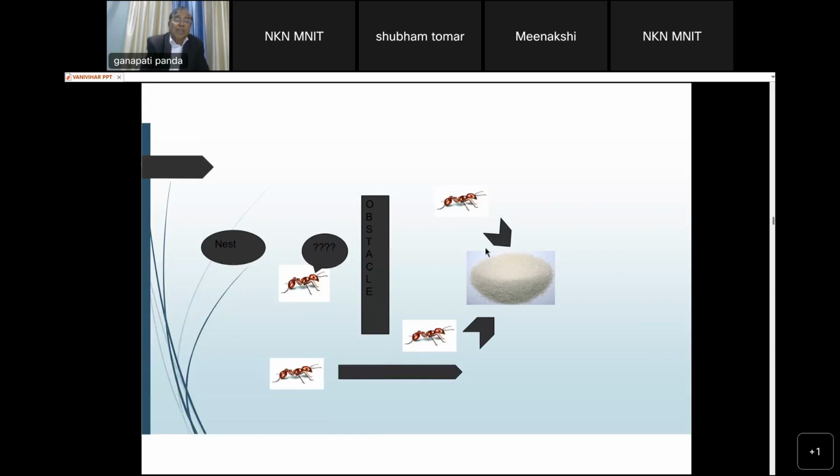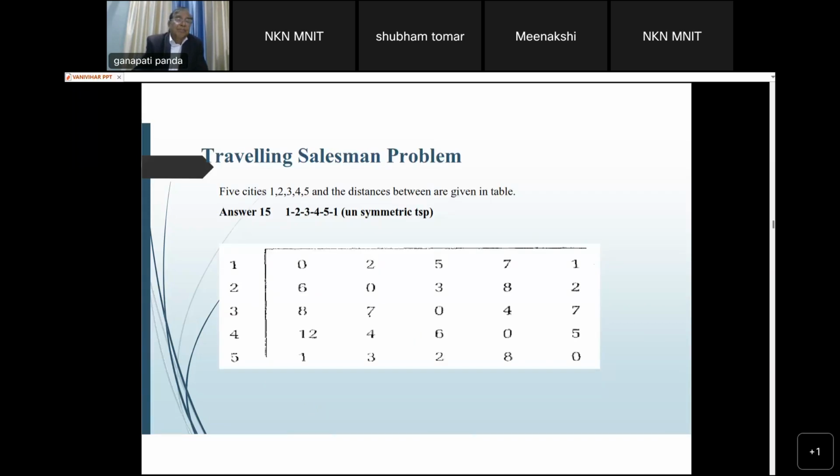But once they find a food source, they come to the nest by a single path. As I told you, they spray a liquid called pheromone, and that liquid is the basic fundamental. Depending upon the intensity of that liquid, they select the path.